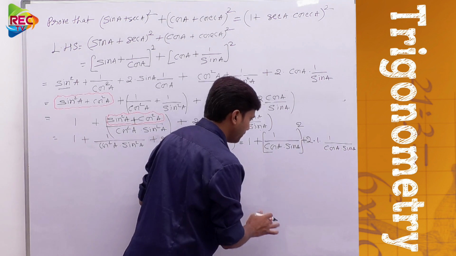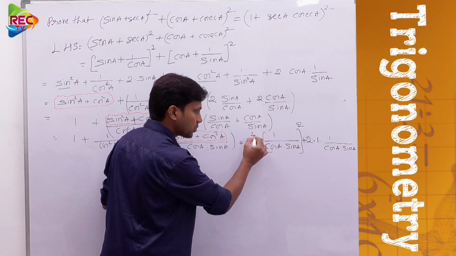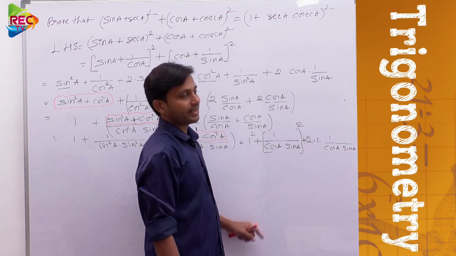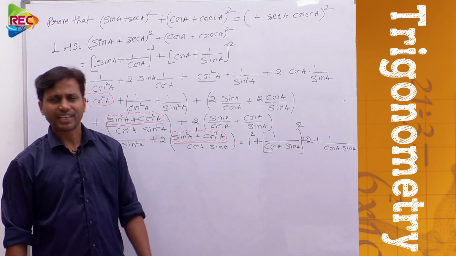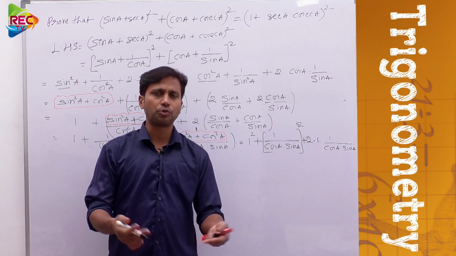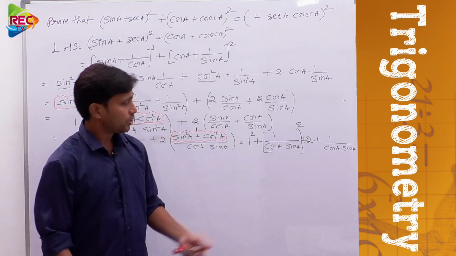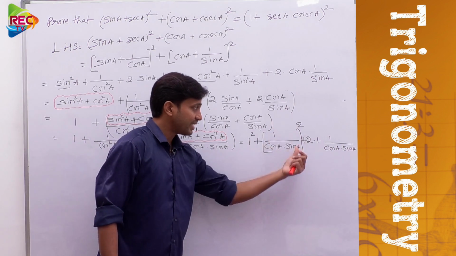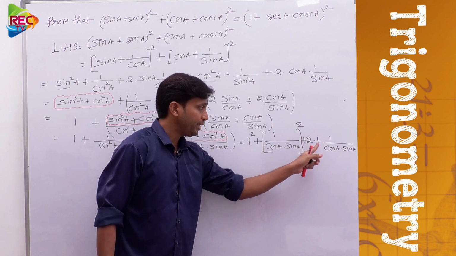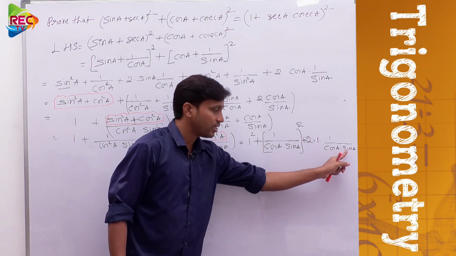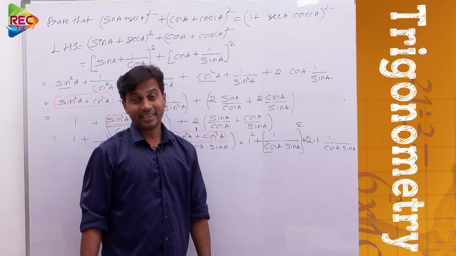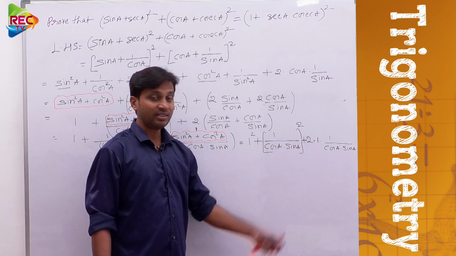Just if you observe, 1 can be written as 1 square or not? Exactly, 1 can be written as 1 square. We can represent it as 1 square, 1 cube, any exponent value. So here 1 square plus 1 by cos A sin A whole square plus 2 into 1 by cos A sin A. Can you identify this pattern?